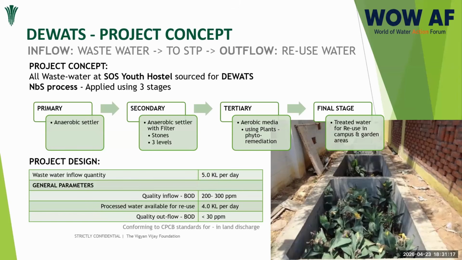So we have this 5 KL per day as the flow. So we have the quantity of inflow. The inflow, after it is balanced, is around 200 to 300 ppm, and it is processed in the primary, secondary, and tertiary stages.